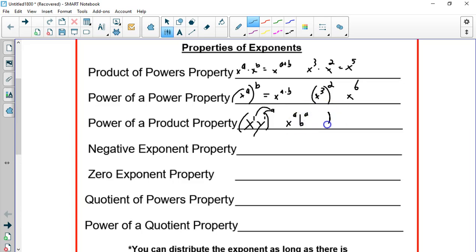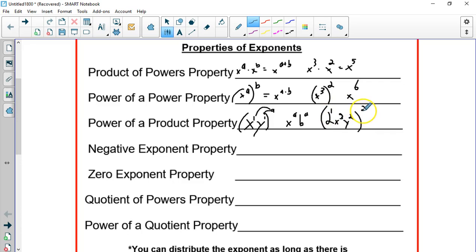So for example, if I had 2 times x to the 3rd, that's a 3. Let's make it then y squared, just to make it exciting. If we took that to a power, let's say 2, we got to remember that this is really a 1 here. That's the most common mistake. We've been talking about this for months now.